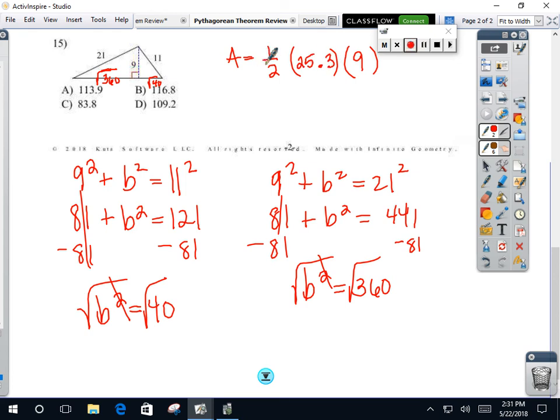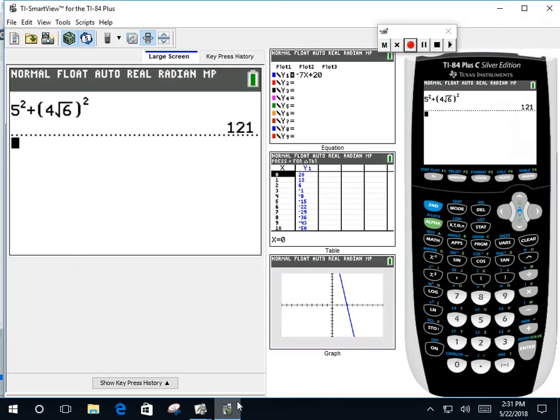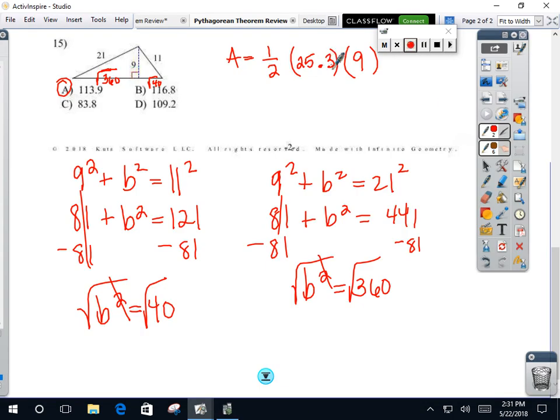Now do 1/2 times 25.3 times 9 to find the overall area. So A. Marcus, it should... Did you not get 25.3?